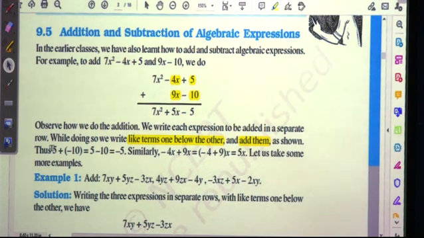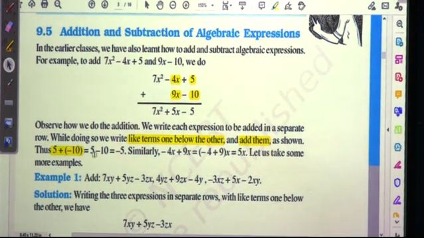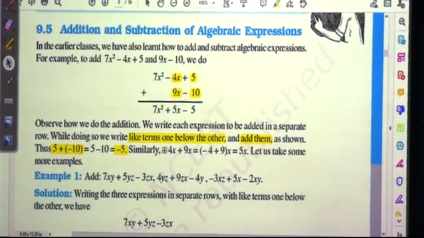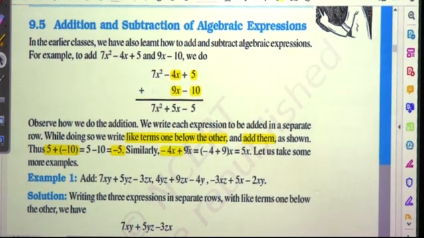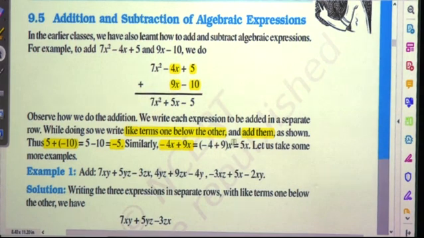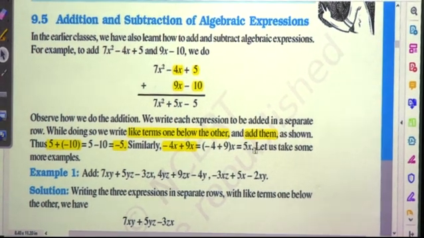Thus, 5 plus minus 10, it is 5 minus 10, which is minus 5, and similarly minus 4x plus 9x: minus 4 plus 9, x is taken common, minus 4 plus 9 is 5 and x remains with it, so it is 5x.